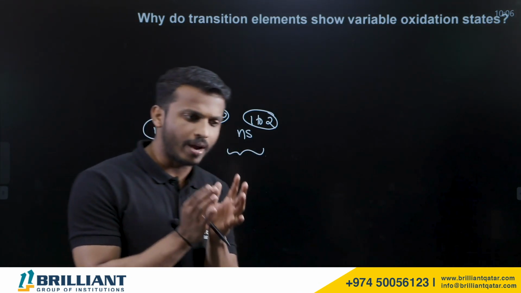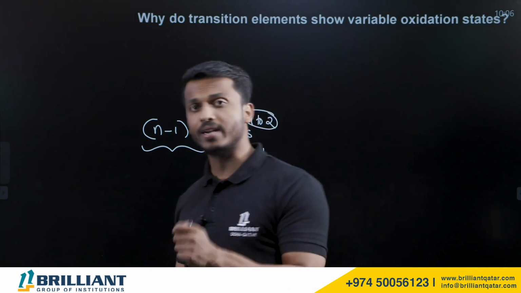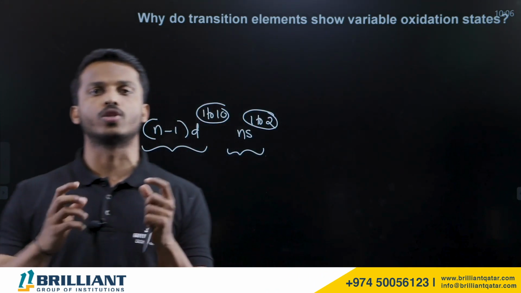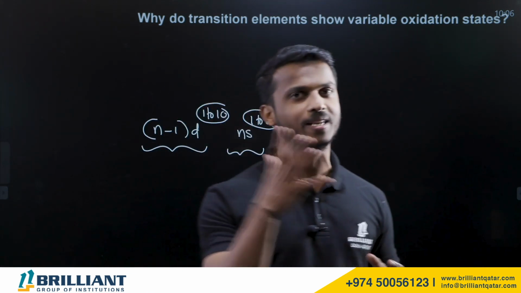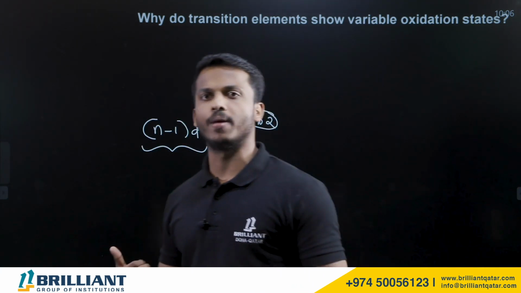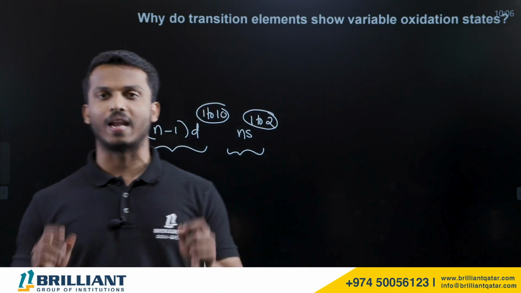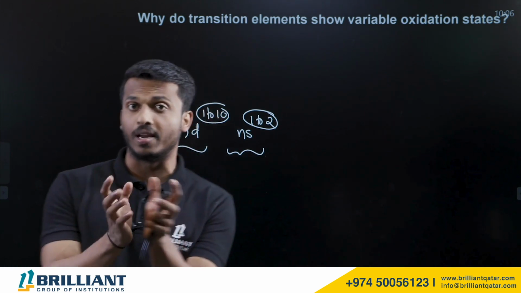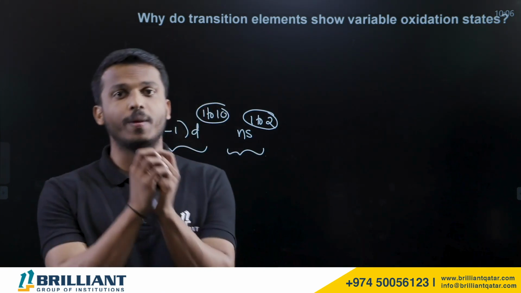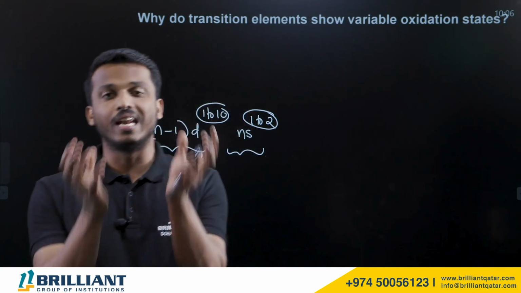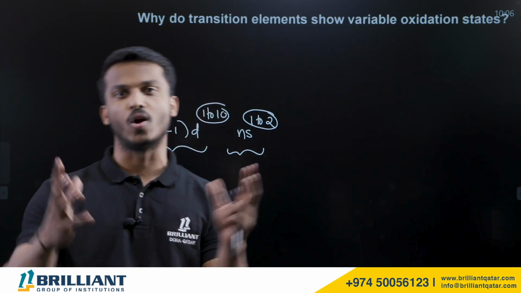So the answer for this question: why do transition elements show variable oxidation state? The main reason is that in D block elements, the (n-1)d orbital and ns orbital have comparable energy. So the electrons of both the (n-1)d and ns orbitals can take part in bonding, so they can show variable oxidation states.